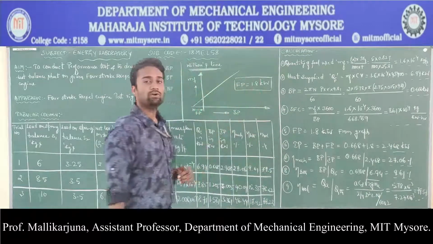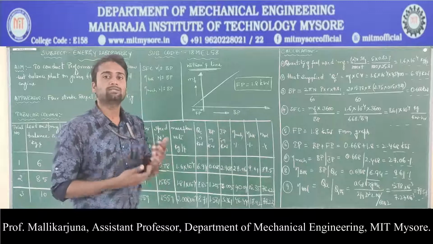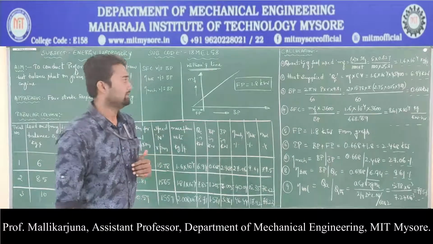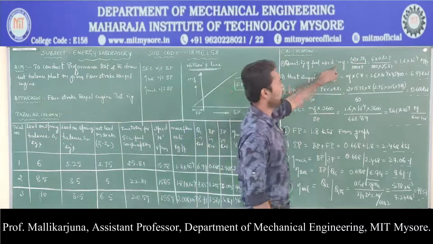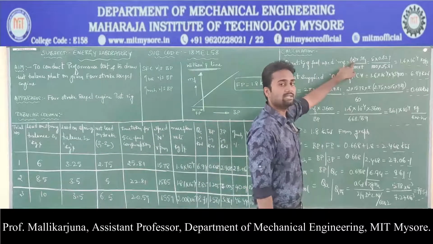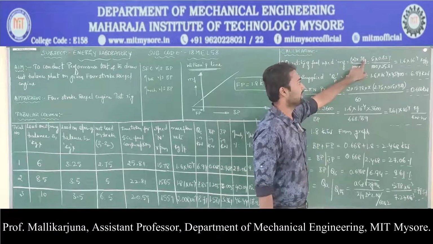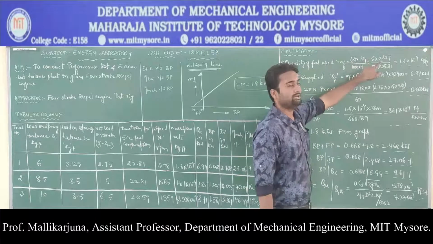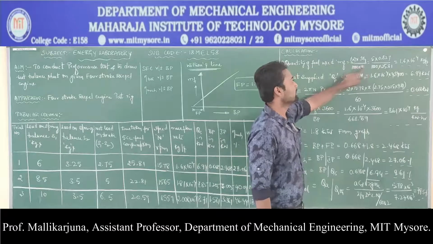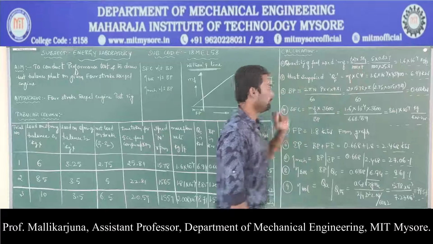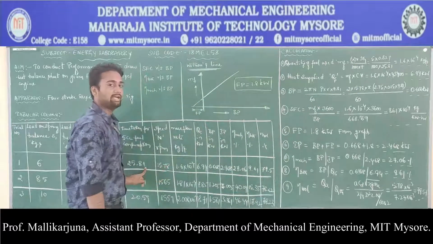First one is the quantity of fuel used, which is nothing but the mass of the fuel consumed by the engine, denoted by MF, where we have fixed X cc, the value of X being 5 for us. Specific gravity of the diesel 0.827, divided by 1000 into the time consumed, which is 25.81.